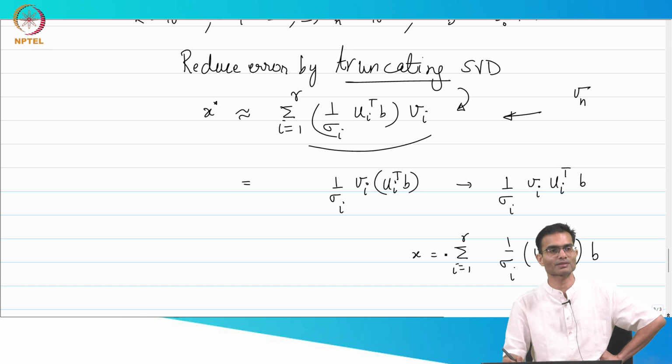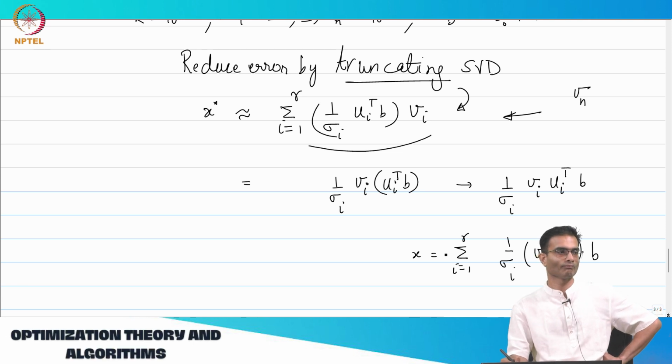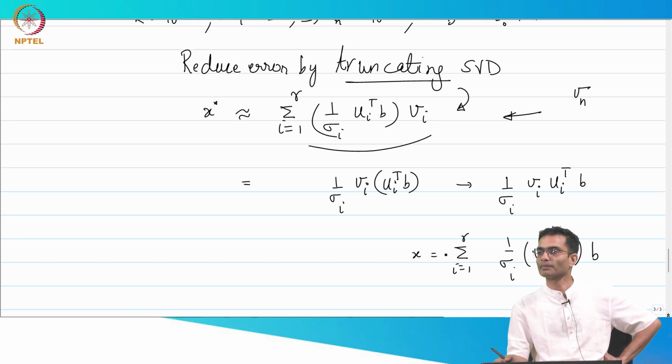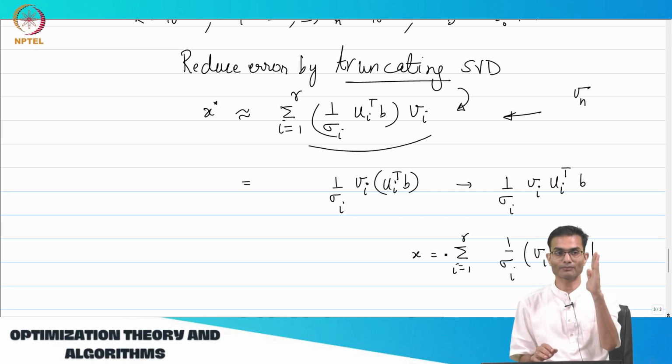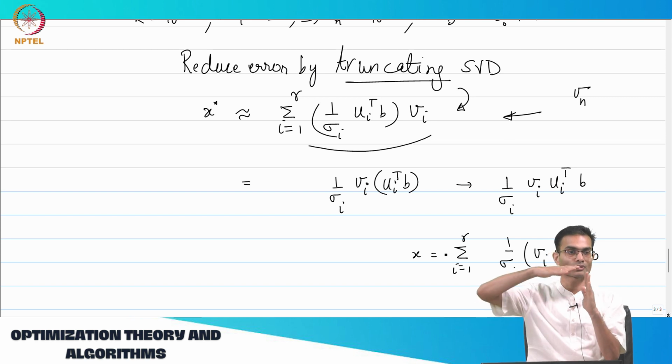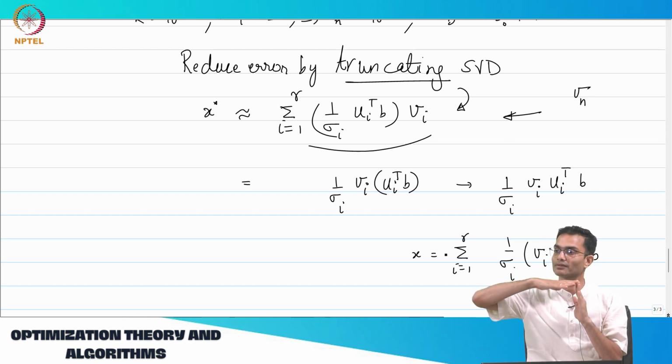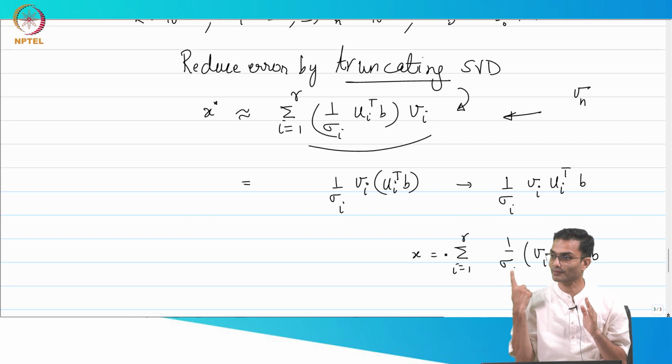What is the meaning of this thing that I've written now? It's a sum of rank 1 matrices, because Vi Ui transpose, Vi is a column vector, Ui transpose is a row vector, its product is an n cross n matrix, but it's a matrix of rank 1.